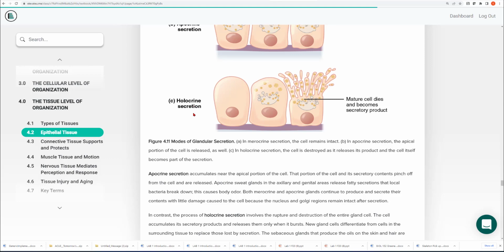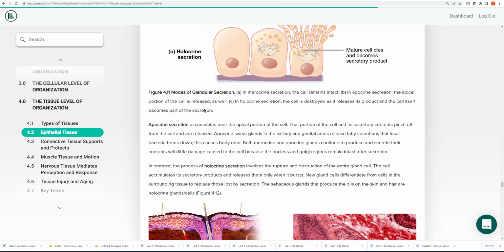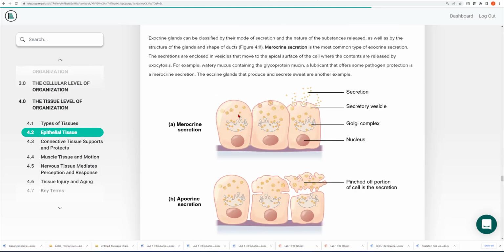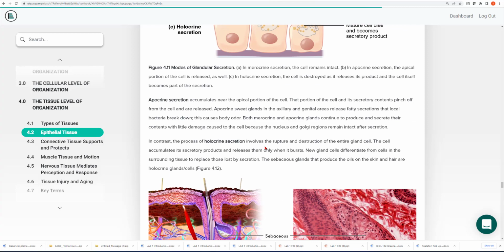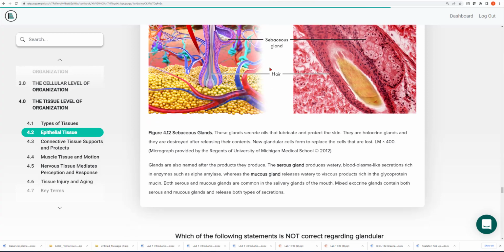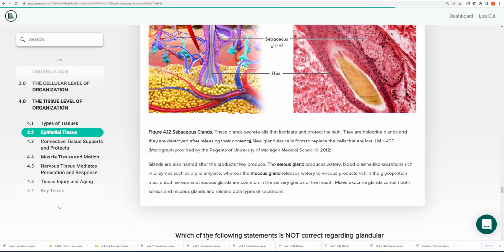The method is holocrine. Now, the other feature to know about glandular secretions, in addition to the method, merocrine, apocrine, or holocrine, is the type of secretions. And secretions come in two basic flavors. Your secretions are either going to be serous, and serous secretions are very watery secretions.